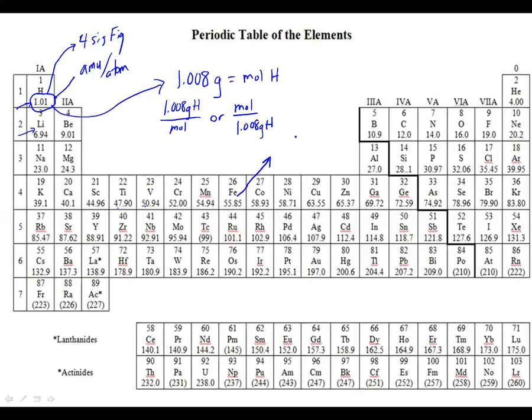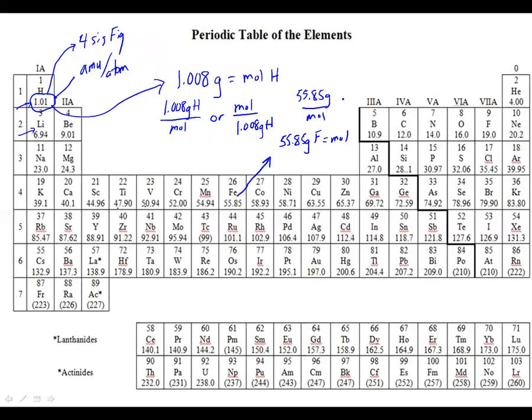You could do that for pretty much anybody that you see here. For example, if we look at iron, that would mean that there's 55.85 grams of iron in a mole. And again, you could write basically the molar mass, which would be, in this case, 55.85 grams per mole.